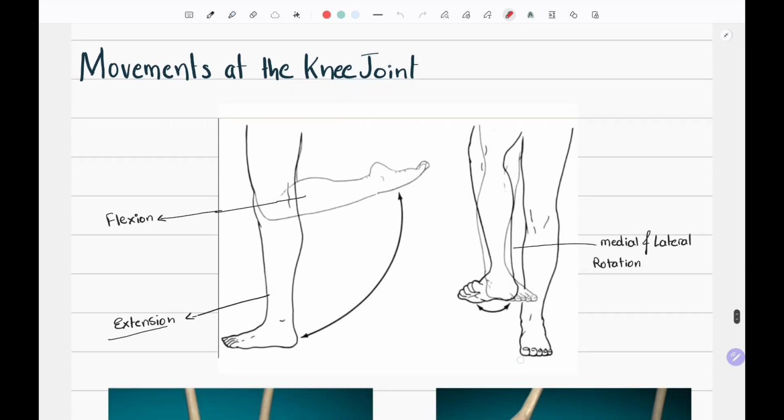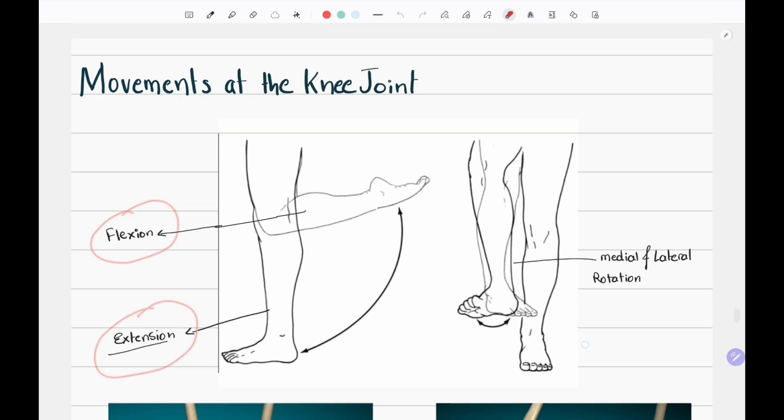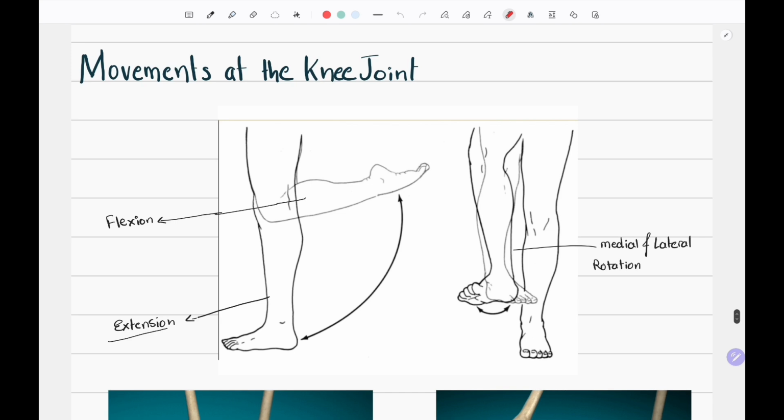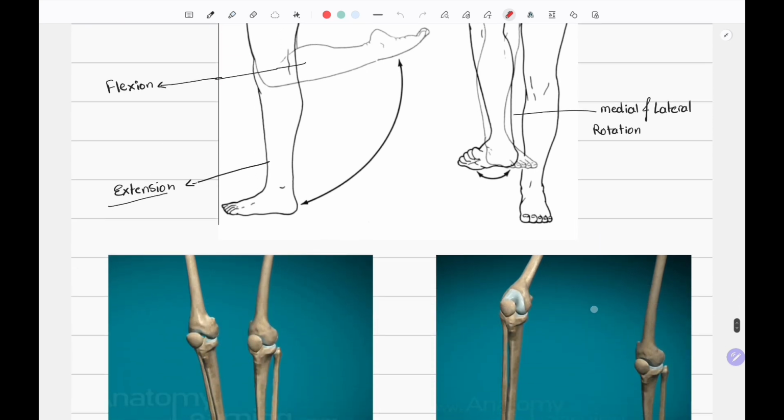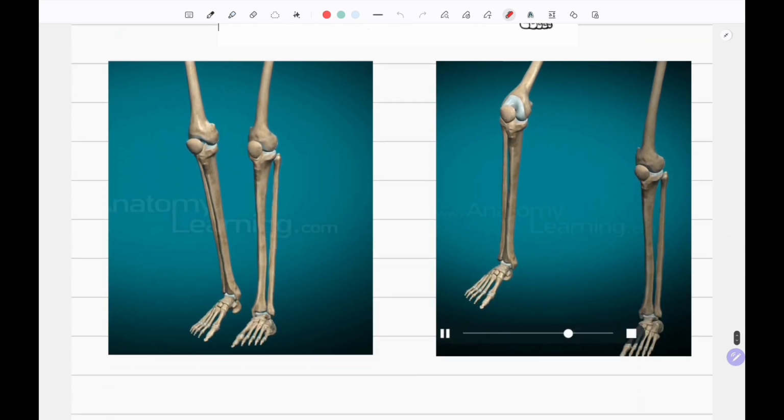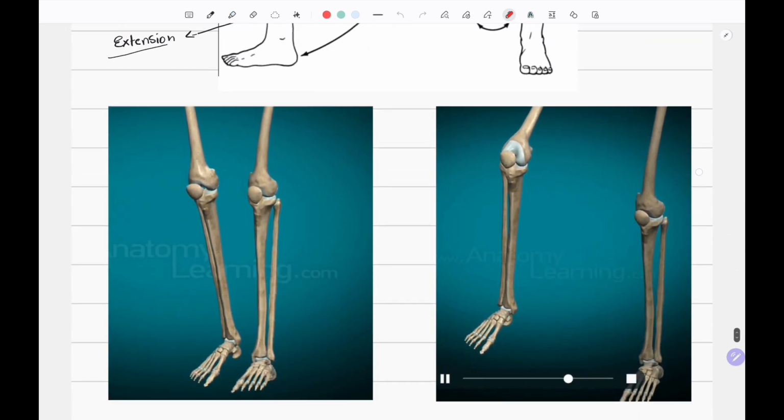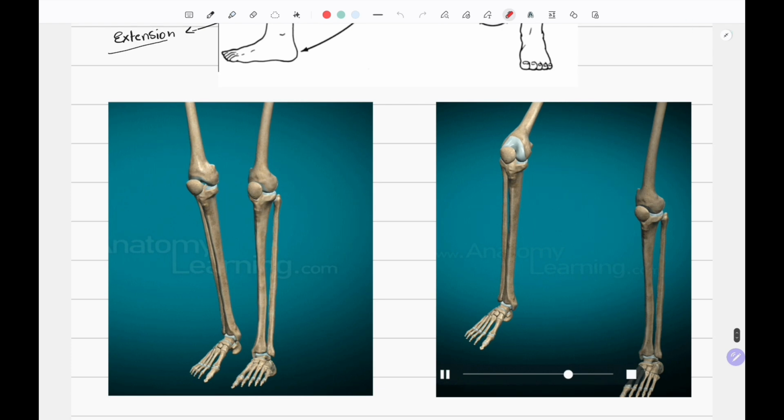Now coming to the movements at the knee joint. Basically the major movement at the knee joint is knee flexion and knee extension. A slight, small degree of movement is medial and lateral rotation of the knee joint. Here I have a video for you and I'll show this to you.